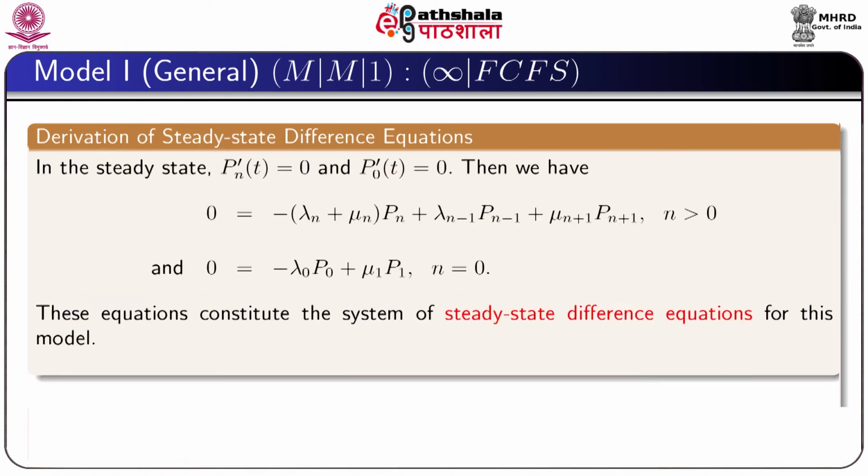In the steady state, we have P n dash(t) equal to 0 and P 0 dash(t) equal to 0.